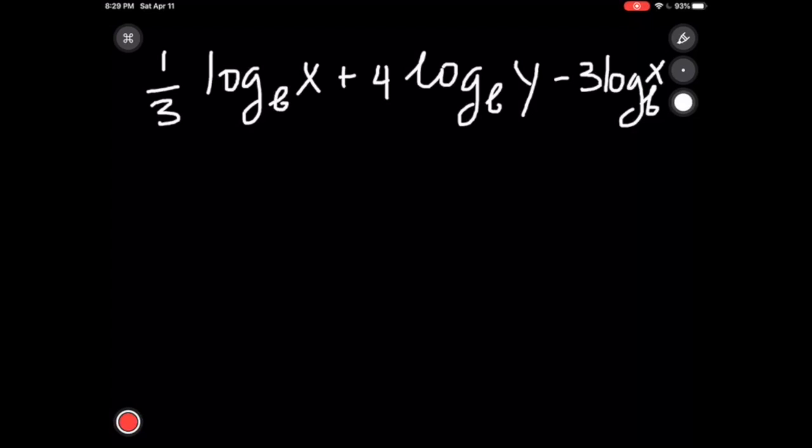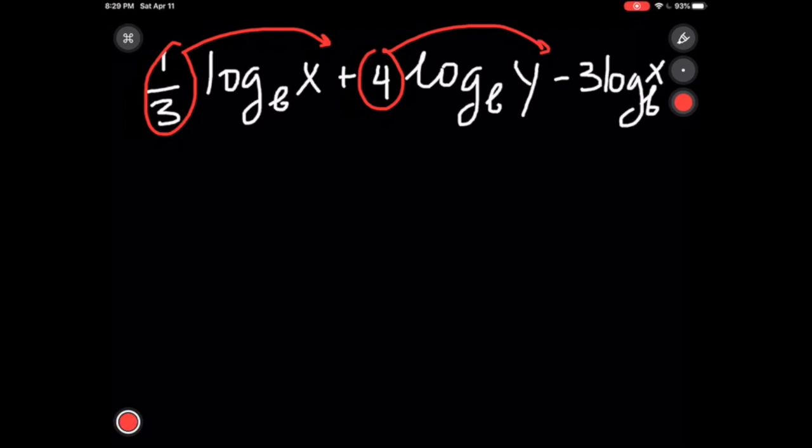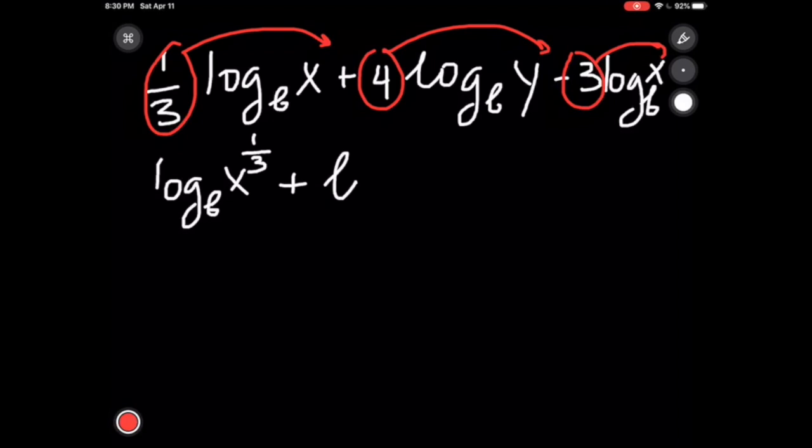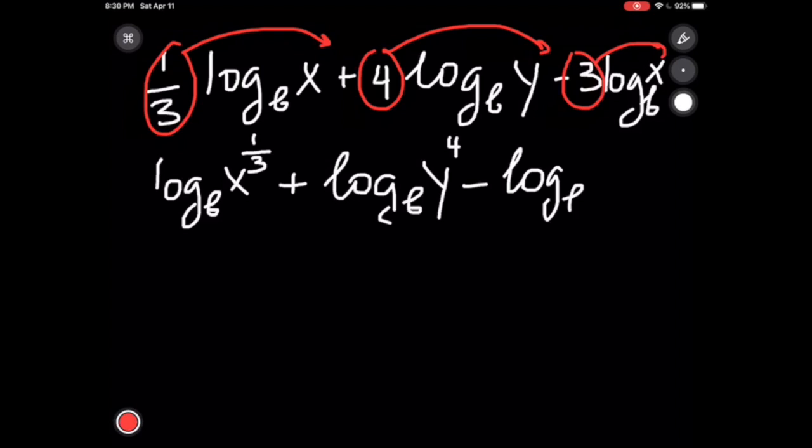We will start by applying the third property and making coefficients of logs into exponents of numbers inside of the logs. So the first log is now log base b of x to the power of 1/3. The second log is log base b of y to the power of 4. Finally, the third log is log base b of x to the power of 3.